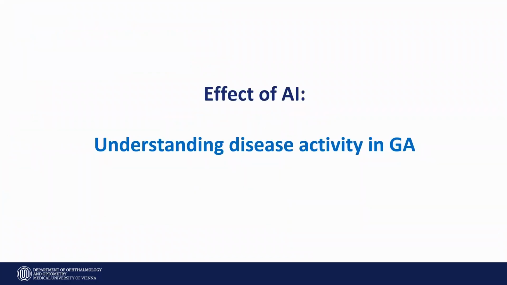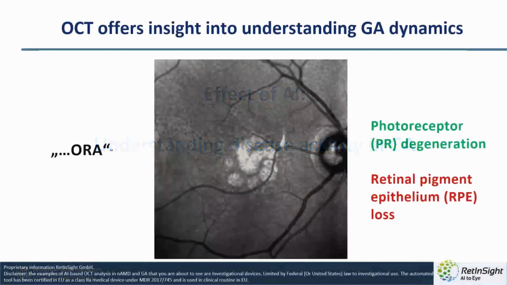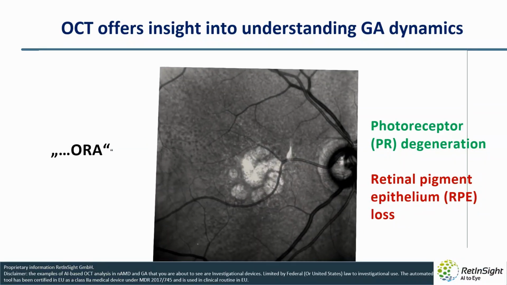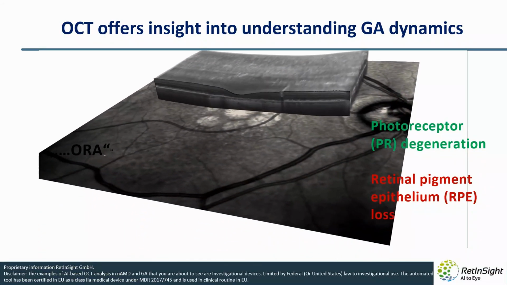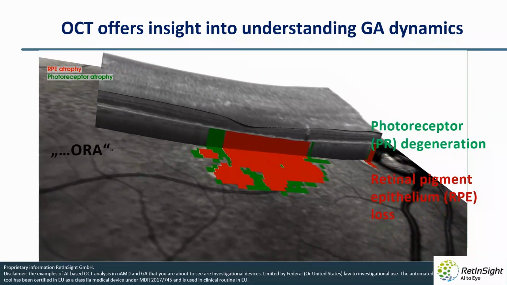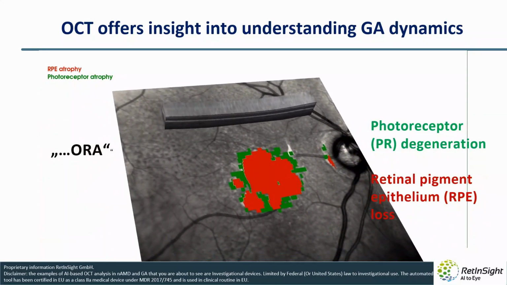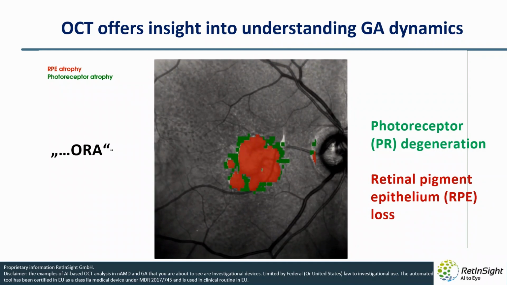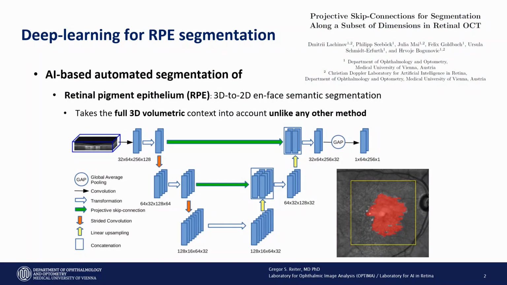In disease, it is all about understanding disease activity, and I would like to draw your attention to geographic atrophy. The site of disease activity has to be uncovered underneath the OCT, as the areas consist of photoreceptor degeneration, seen in green, and retinal epithelium loss, red.